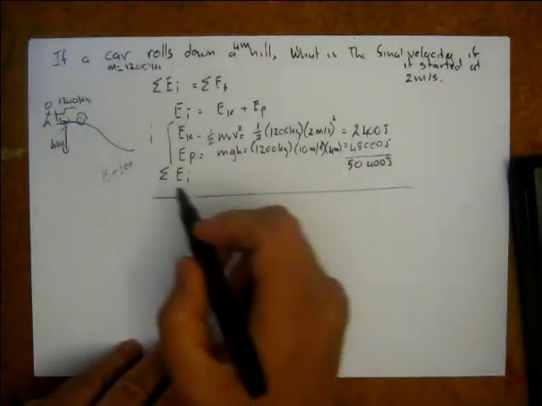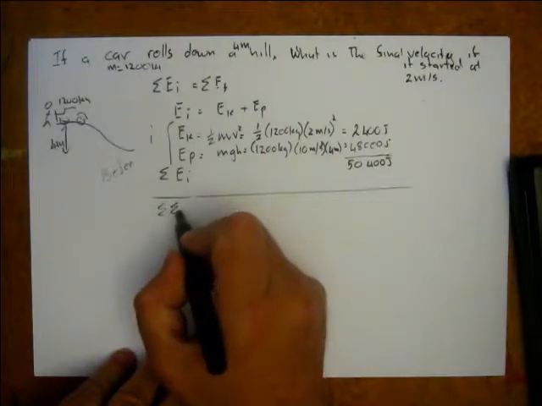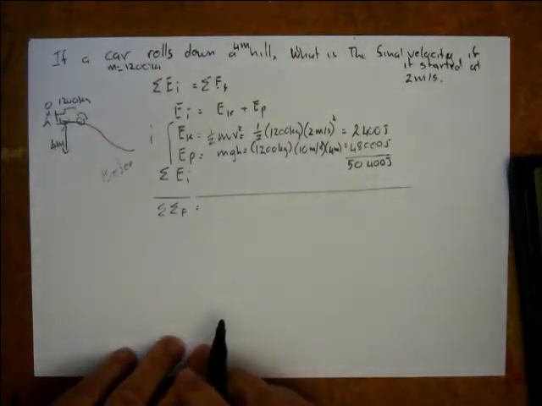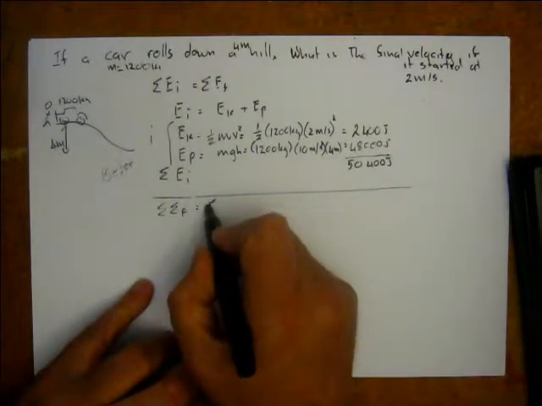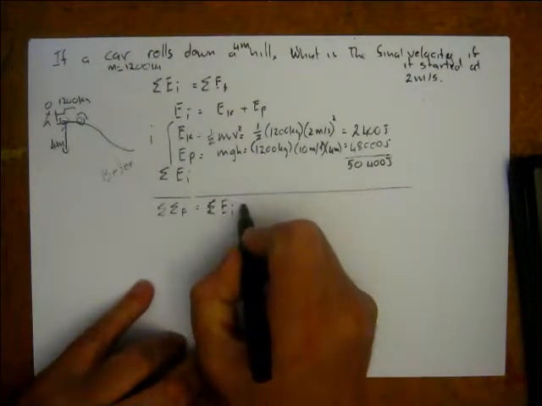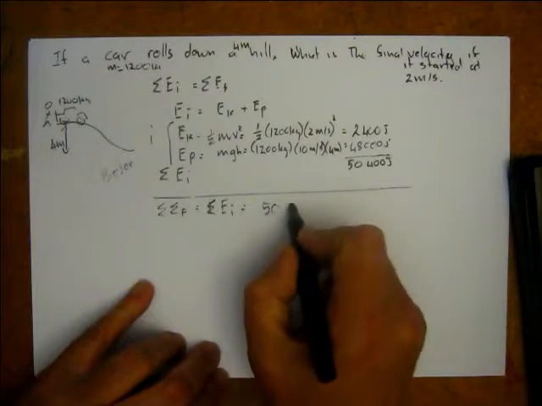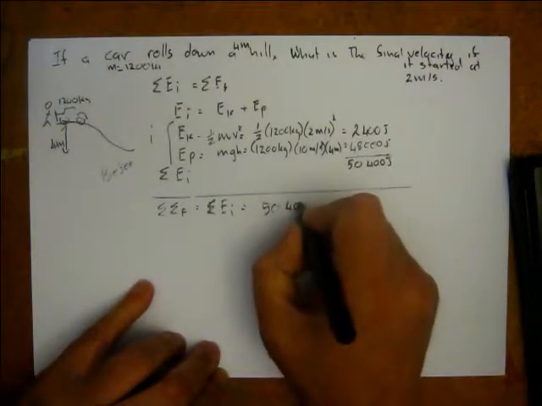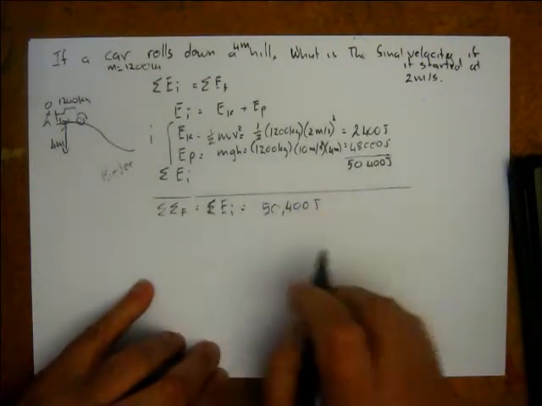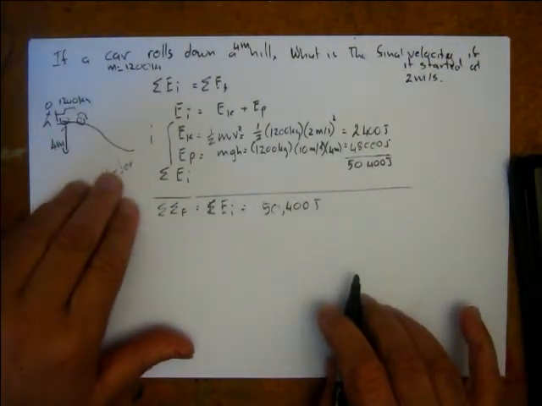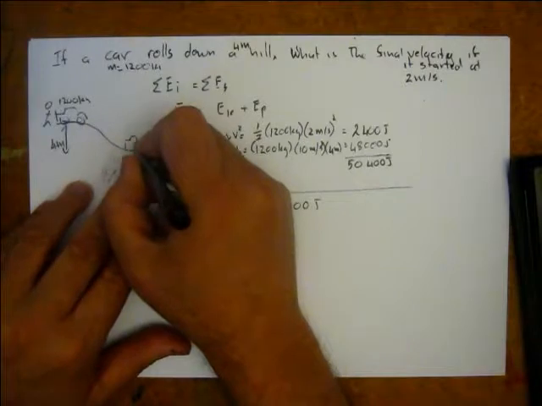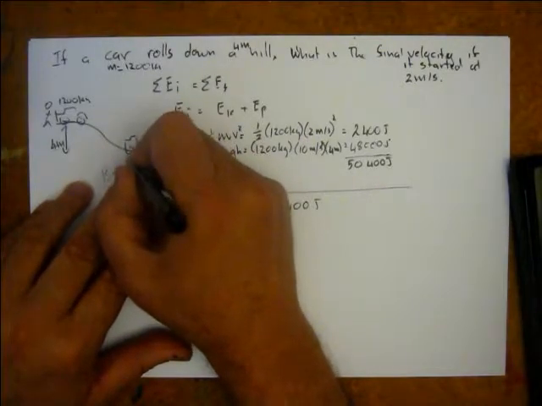So the final energy is going to equal the same as the initial energy. So the final energy is going to equal 50,400 joules. But now all of that energy at the bottom is going to be kinetic after.